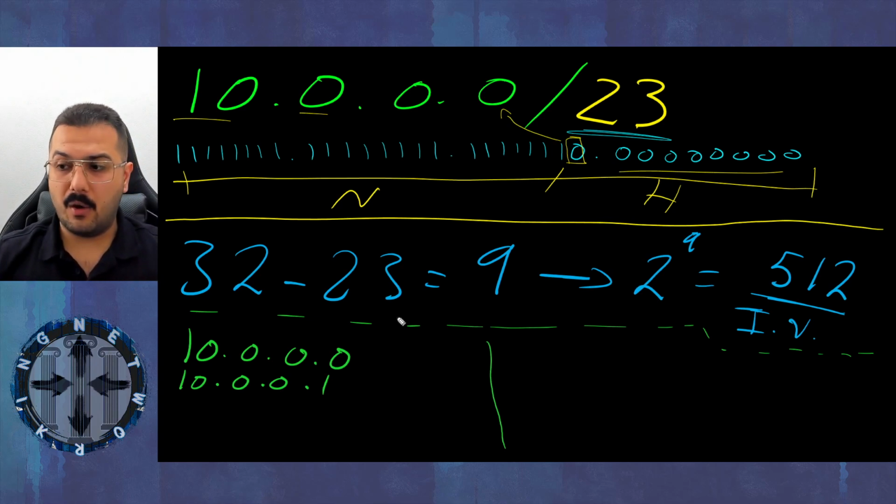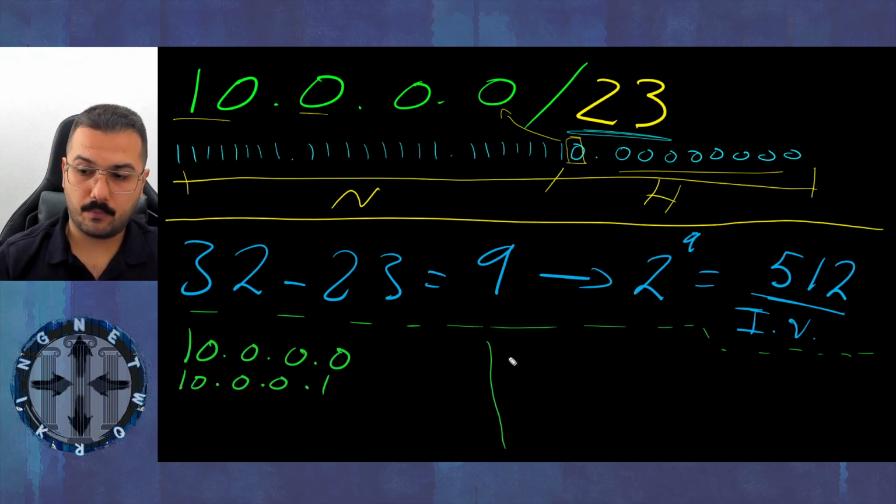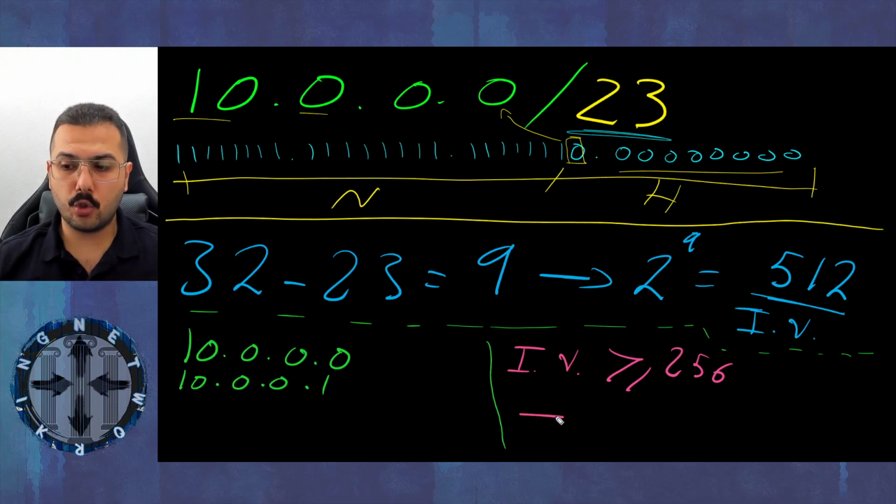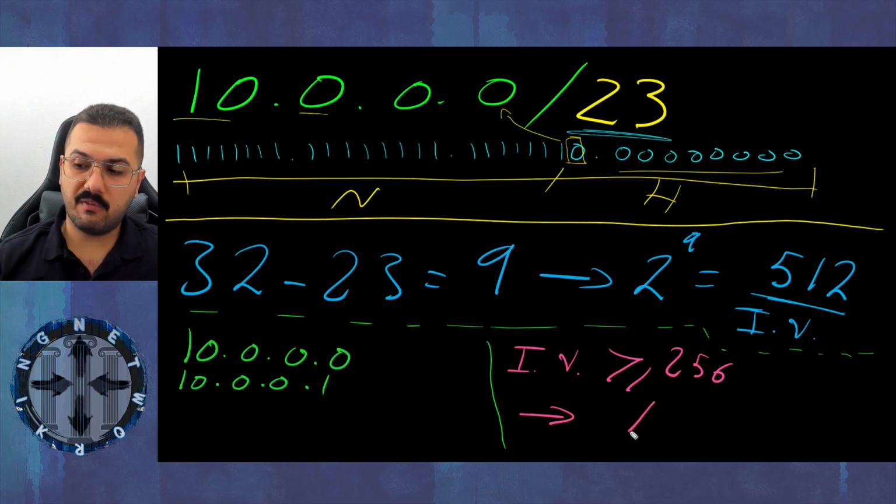The rule says that when the increment value is bigger than or equals 256, like 512, then what you should do is divide it by 256. Divide what? The increment value.